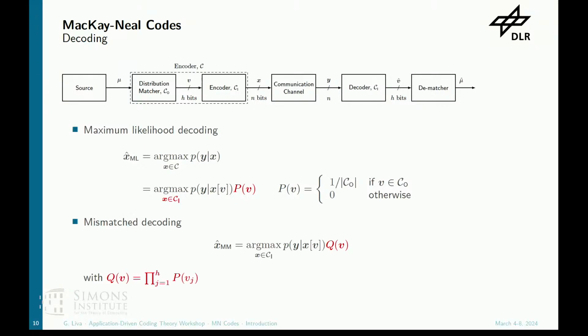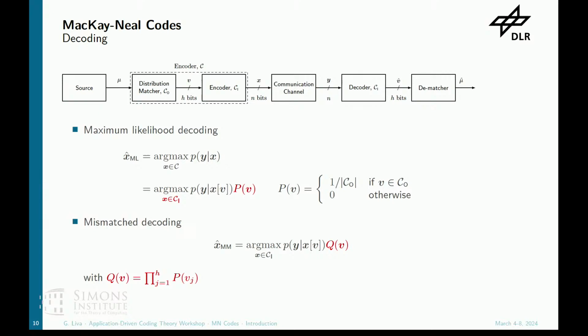A simplified rule, which is mismatched, so it's not maximum likelihood, but it's going to be very practical, is to replace this probability that filters out non-valid code words with the product of the marginals of the bits at the output of the distribution matcher.